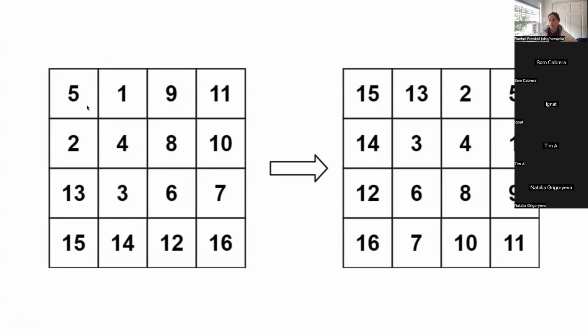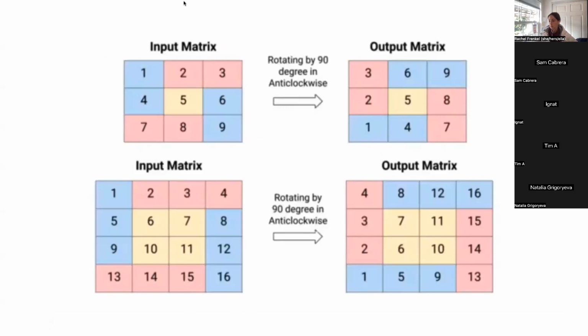But number of layers is saying, if it's a 4 by 4 matrix, your number of layers is 2, right? 1, 2. If it's a 3 by 3 matrix, your number of layers that you need to rotate is actually 1 in this case. You just need to rotate it once.